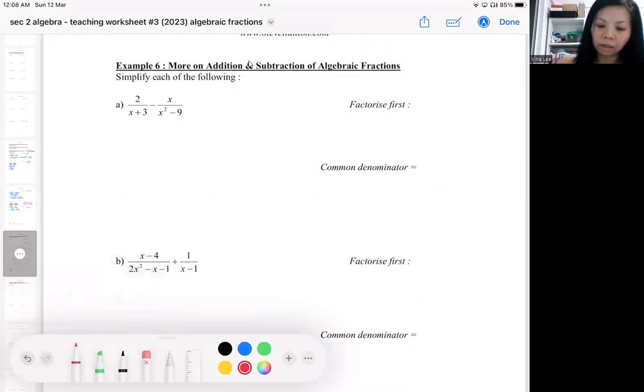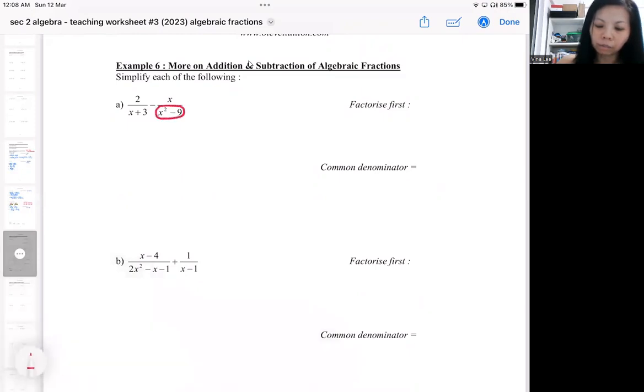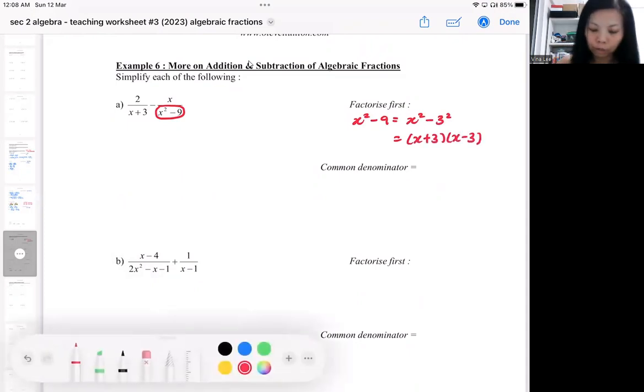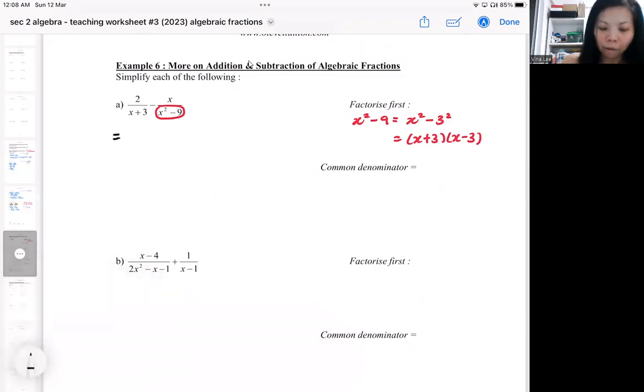So again, be very sensitive. Look at this one. By now, this one should be very fast to all of you. You should be able to recognize that this is the x plus 3, this is the x minus 3. So you should be able to realize that that is factorizable.